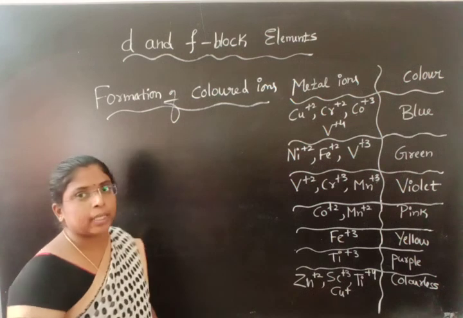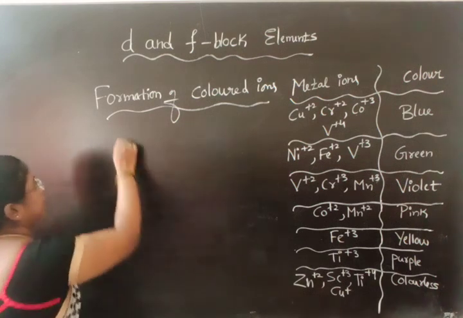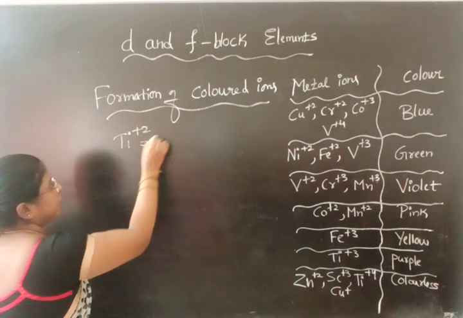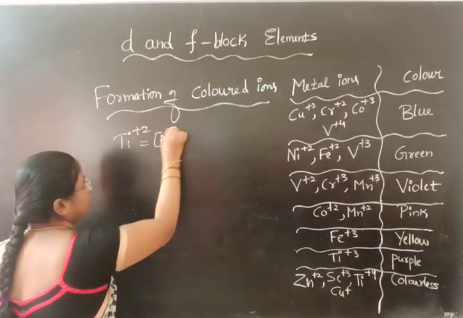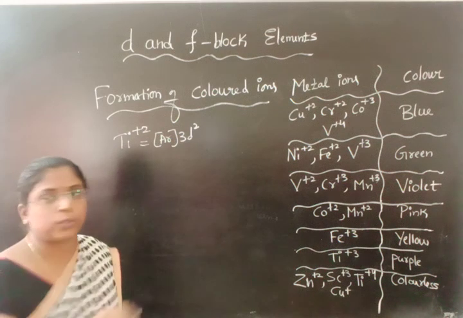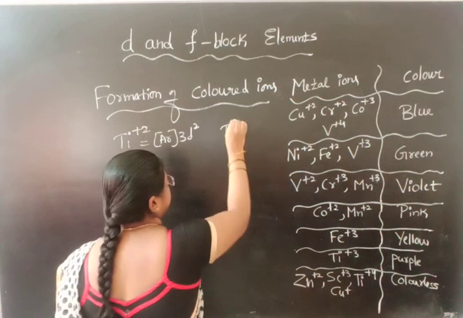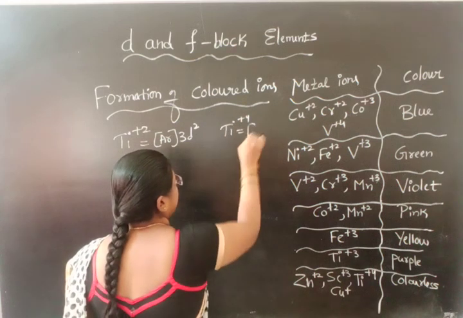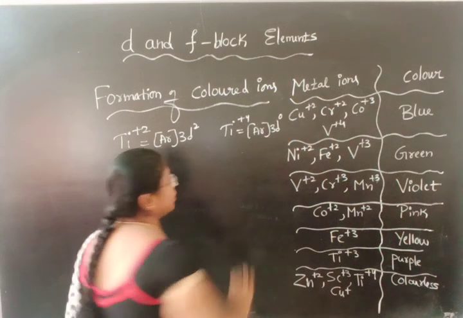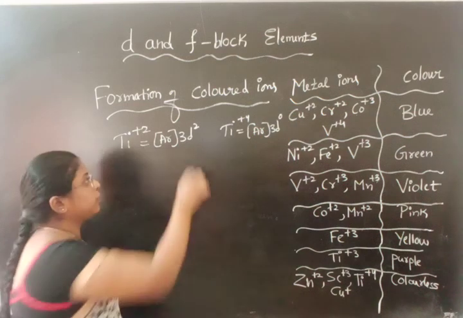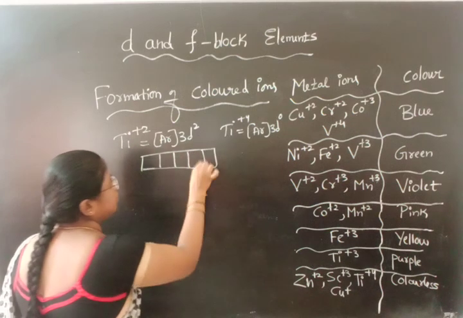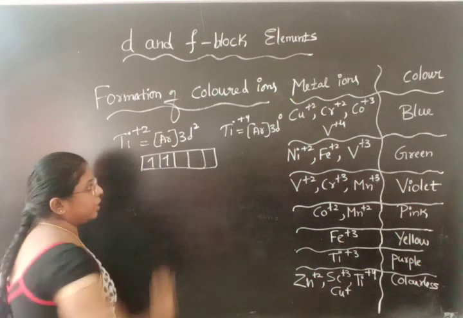Take examples. For example, titanium plus 2. Its electronic configuration is argon 3d2. I am comparing Ti plus 2 with Ti plus 4. Ti plus 4 loses electrons and forms argon 3d0. Ti plus 2, 3d2, has 2 unpaired electrons.